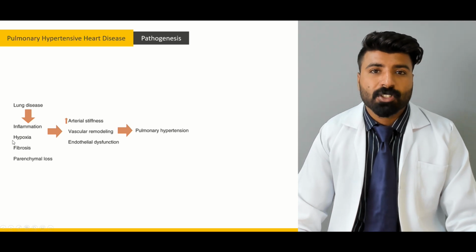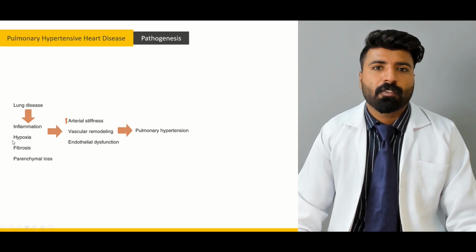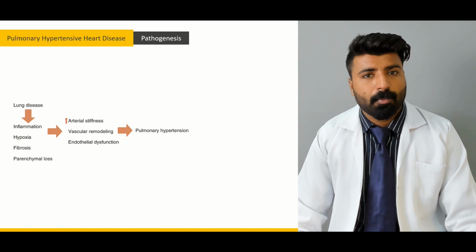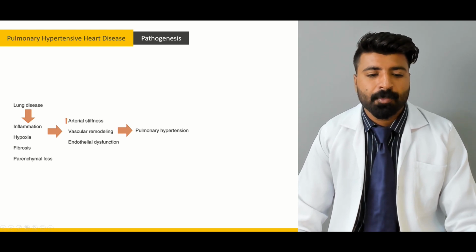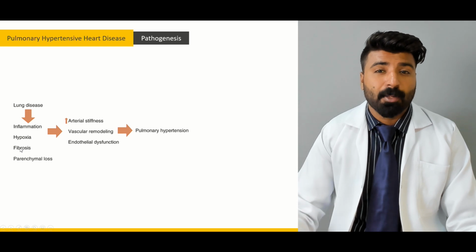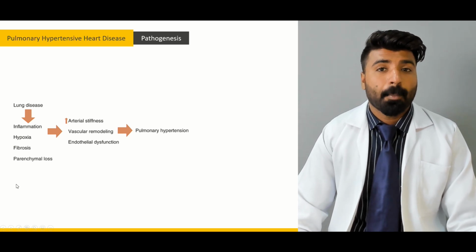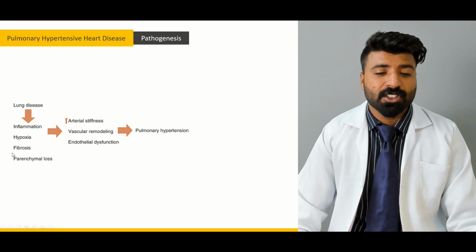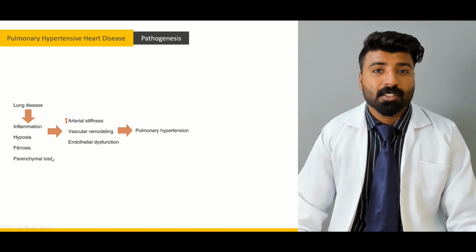With hypoxia, when there's not enough oxygen, the blood is not going to be saturated. When there's fibrosis and lung structures are affected, the major part of the lung is not contributing in providing the blood with oxygen. When there's parenchymal loss, major part of the blood is not getting enough oxygen.